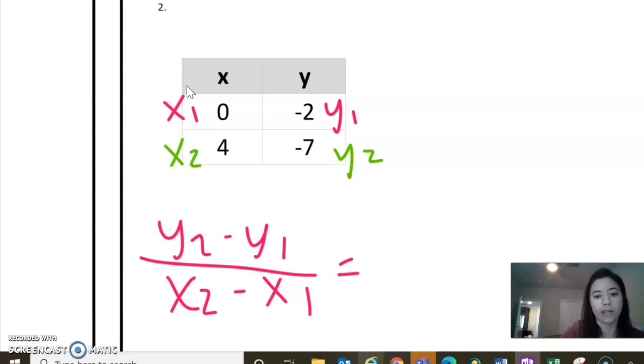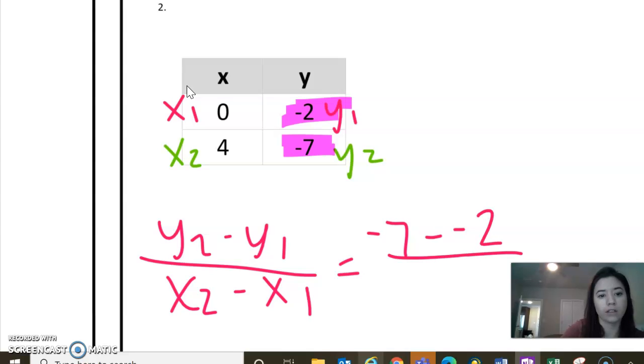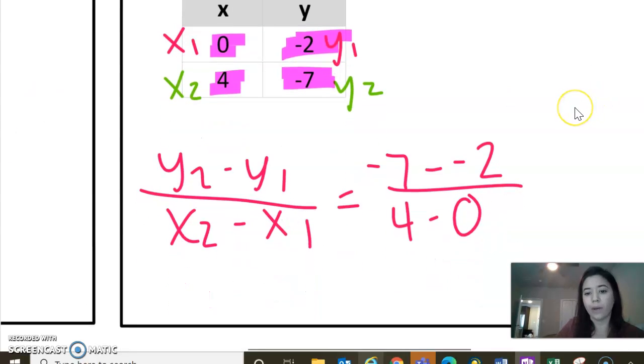So we have y2 is negative 7 minus y1 is negative 2 over x2 is 4 minus x1 is 0. And then now we can do that. This becomes a plus sign because 2 negatives.